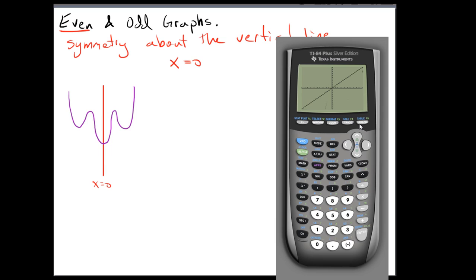There's y equals x. That's x cubed. And that's my other one. Can't really see too much going on there, so I'm going to zoom in a little bit. I'm going to hope that once I zoom in, I can really see what's going on.